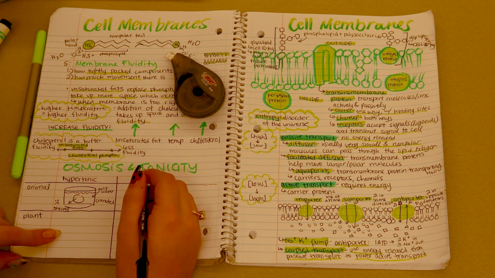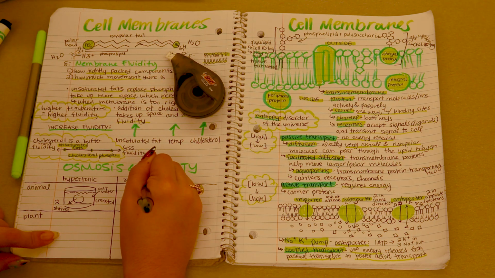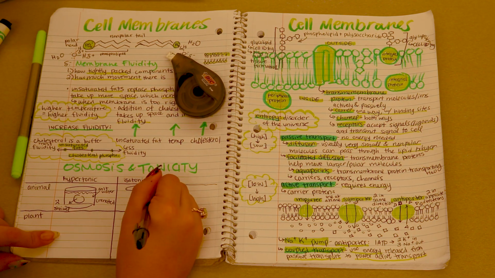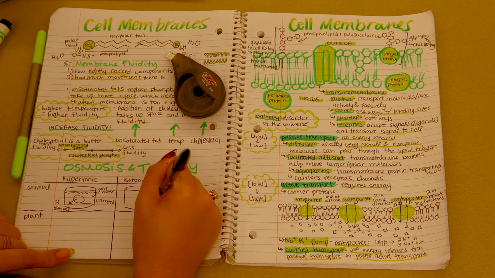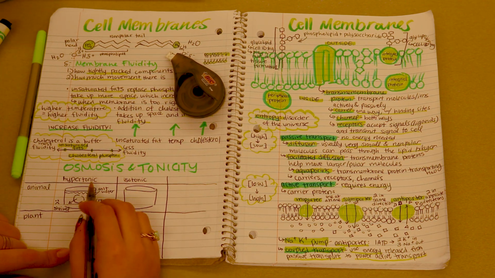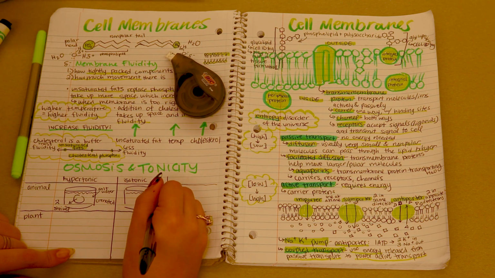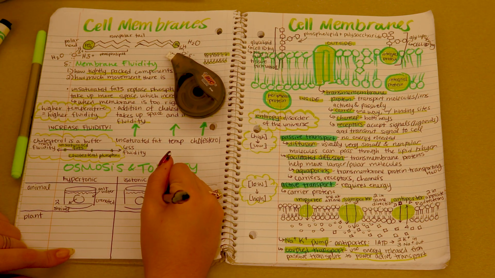Okay, what if we are in an isotonic environment? It doesn't have to be salt water, by the way. That's just an example of what could cause a hypertonic environment. But in an isotonic environment, we're in some sort of condition where there's no net change.